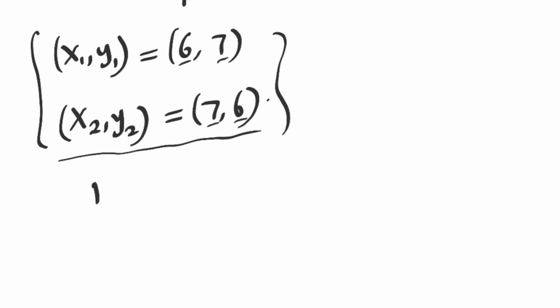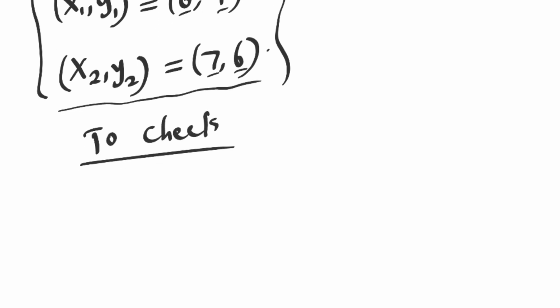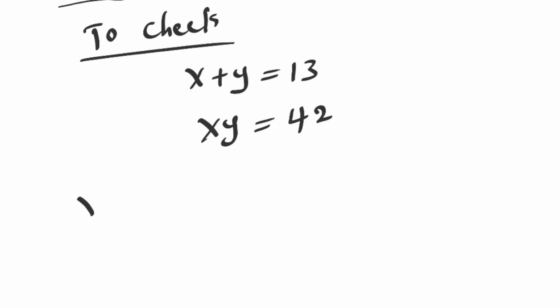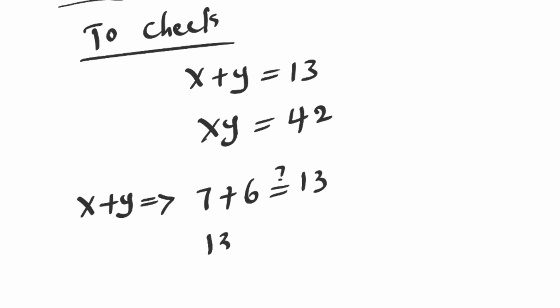To check, we have the given equation x plus y is equal to 13, xy is equal to 42. Let us consider this. x plus y can be written as 7 plus 6 must be equal to 13. And of course, 7 plus 6, this is 13, is equal to 13, which is true.